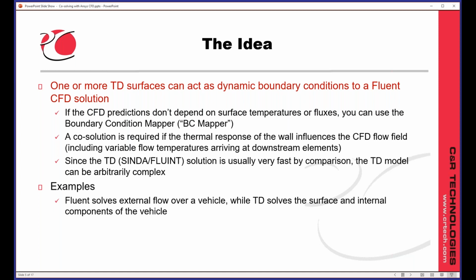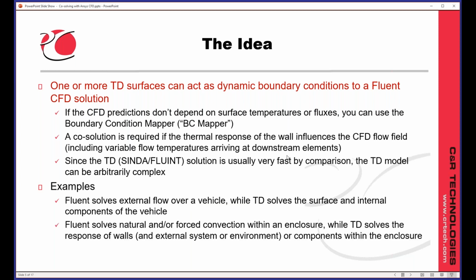The example might be external flow over a vehicle, but quite often the temperatures of the surface don't influence the flow field except at very high velocities or special surfaces. So often that's good enough for the boundary condition mapper. But if you do have a case where that's not true, something downstream that's being affected or the flow field itself is being affected, then you'd want to co-solve.